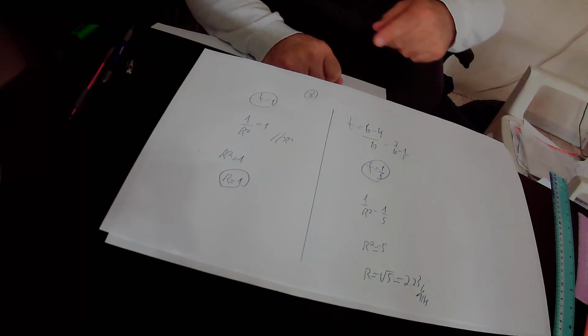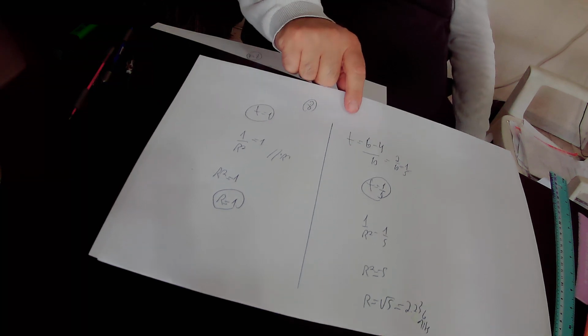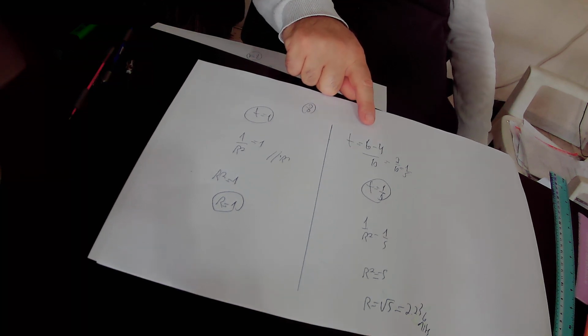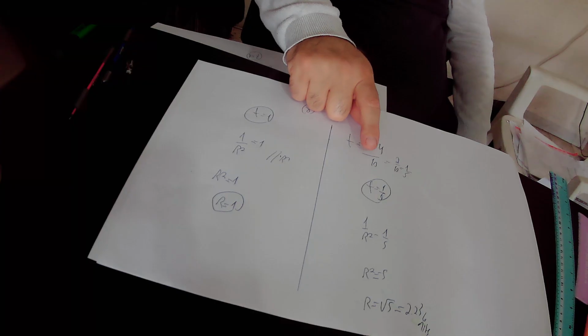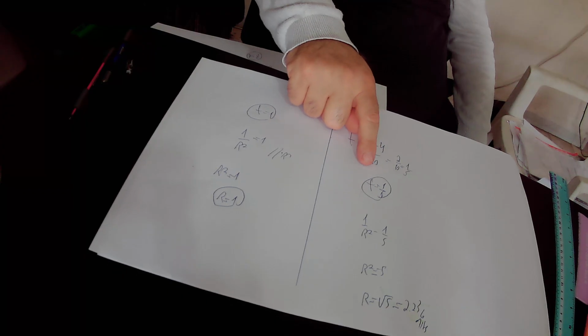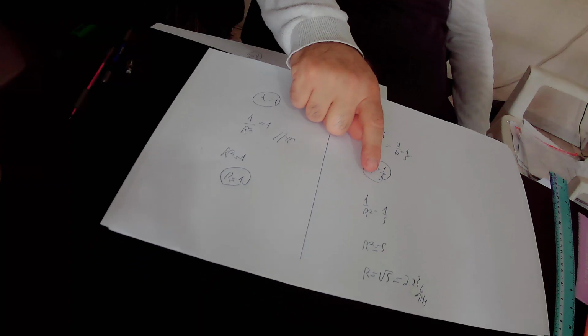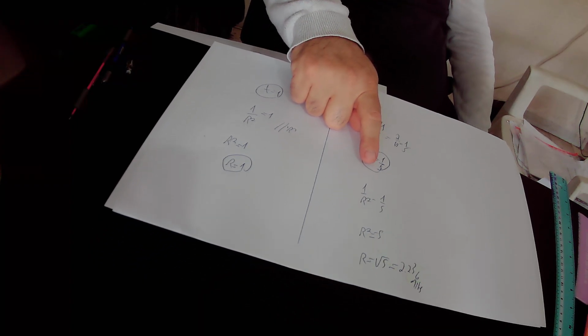So the radius r of this circle equals 1 unit in length according to the first solution. And we also have the second solution. According to the second solution, t equals 6 minus 4 over 10. 6 minus 4 is 2, and 2 over 10 is 1/5. So t equals 1/5, but t is 1 over r squared, so we substitute t by 1 over r squared. According to this equation, 1 over r squared equals 1/5, so multiplying this equation, we find that r squared equals 5.